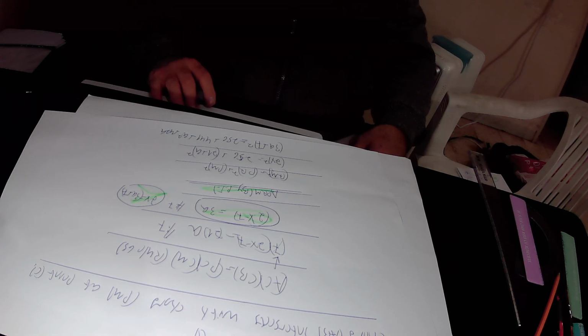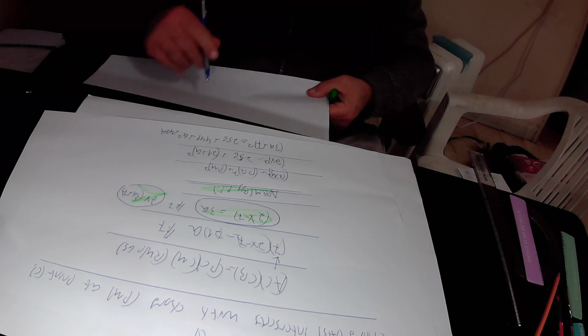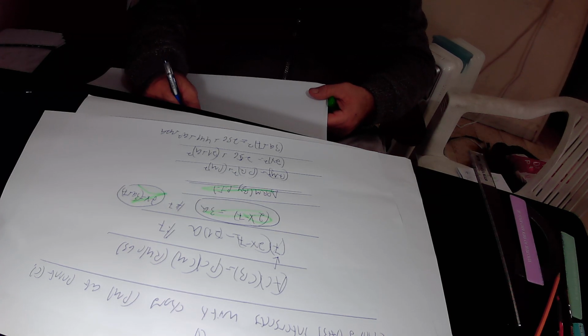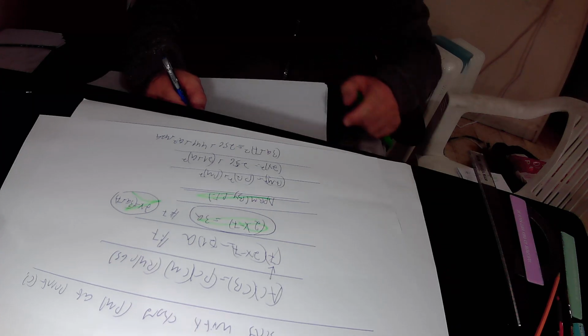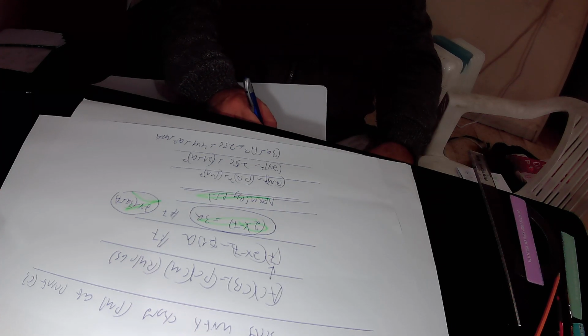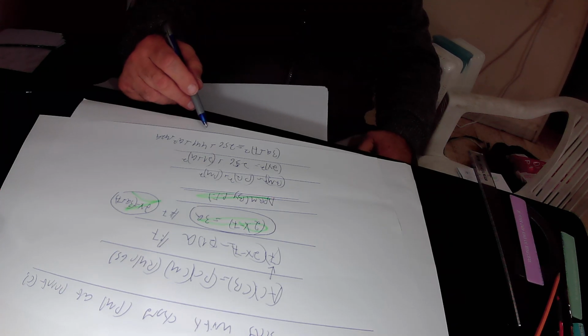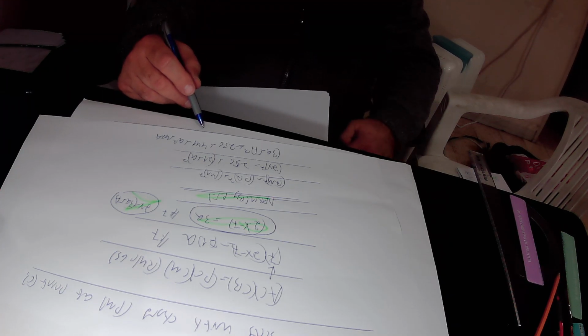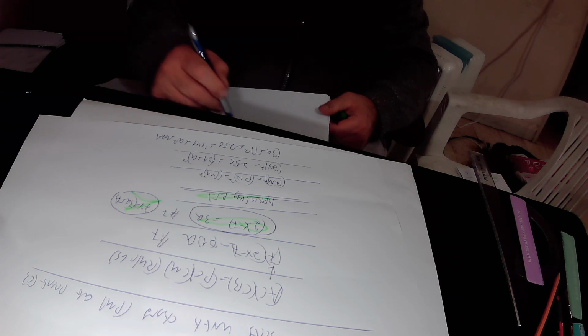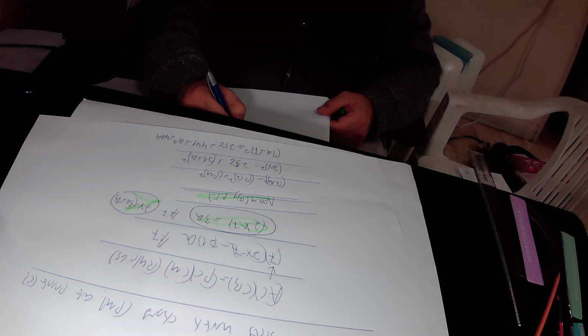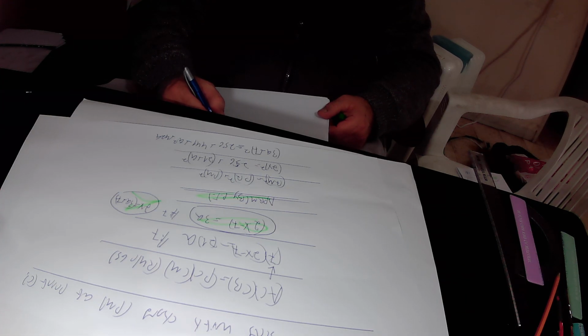So we should find out that 3a plus 7 squared equals 256 plus 441 is 697 plus a squared plus 42a.